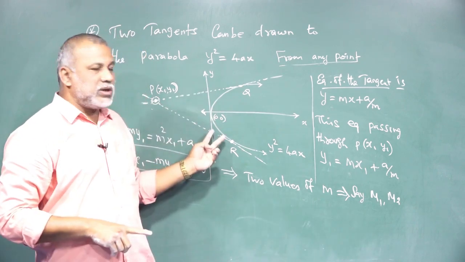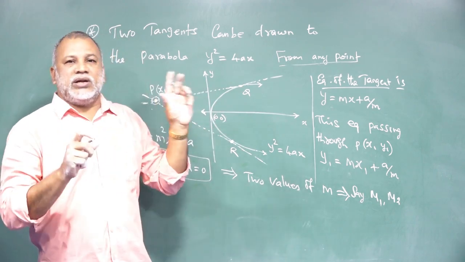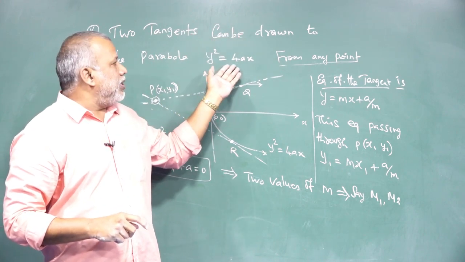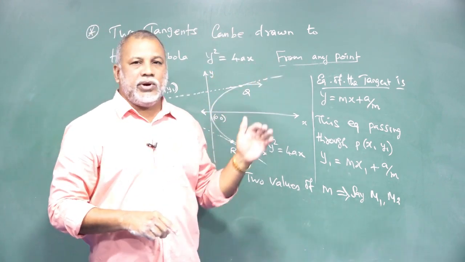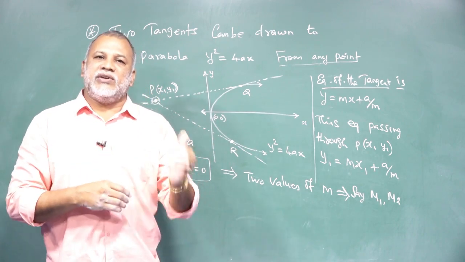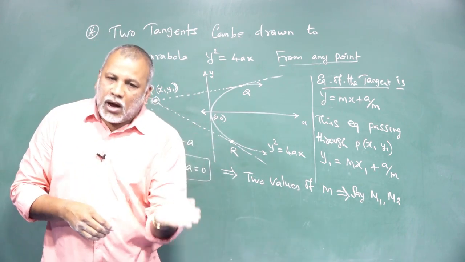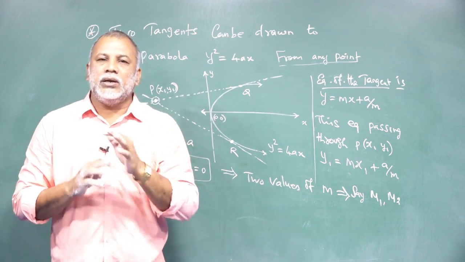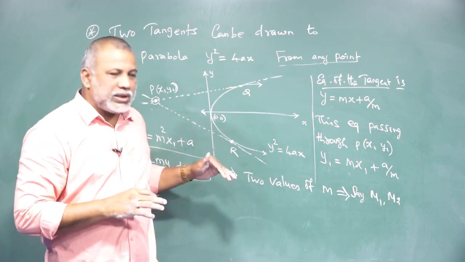Here we have one condition, one derivation: two tangents can be drawn to the parabola y squared equal to 4ax from any point. The same type of derivation and condition is also applicable for an ellipse and a hyperbola. So try your idea.